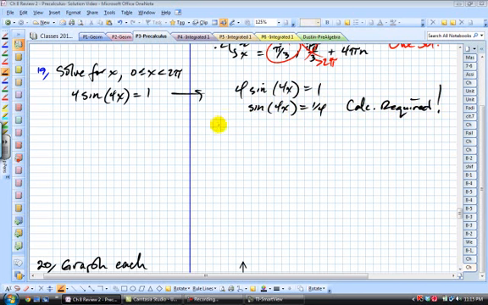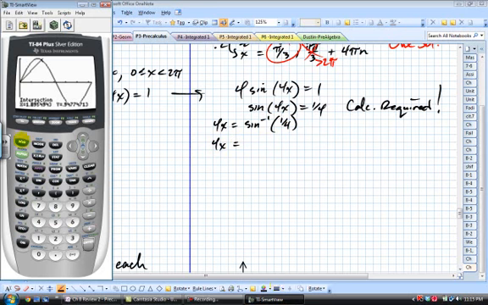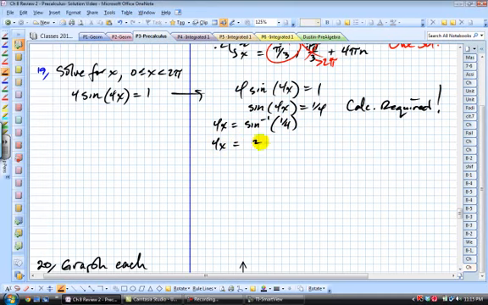Okay, so 4x here is equal to the inverse sine of 1/4, and let's do it in radians. So it's 0.256, I think.